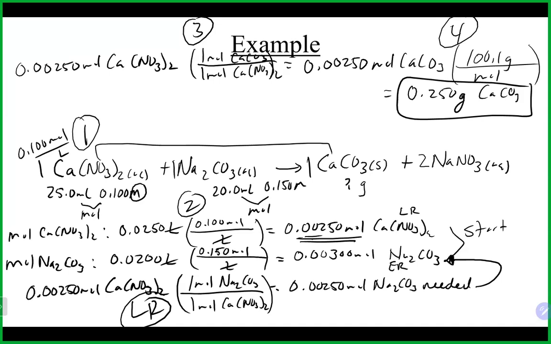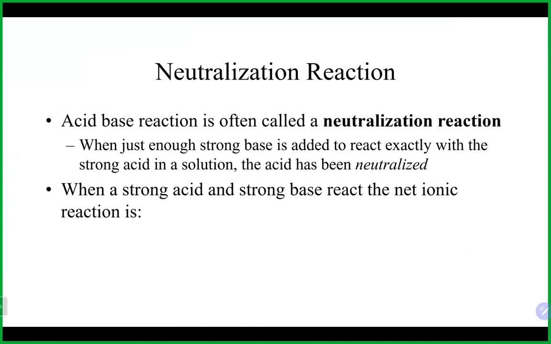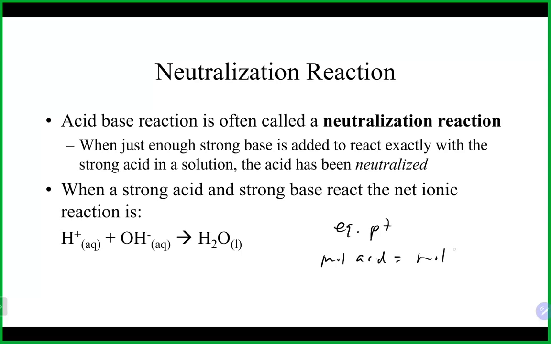Okay, so continue on with our theme of sort of solution stoichiometry in the vein of what we did with titrations. As you know, with titrations, in an acid-base titration, it is a neutralization reaction. And remember that when you reach the equivalence point of a titration, the moles of the acid equals the moles of the base.